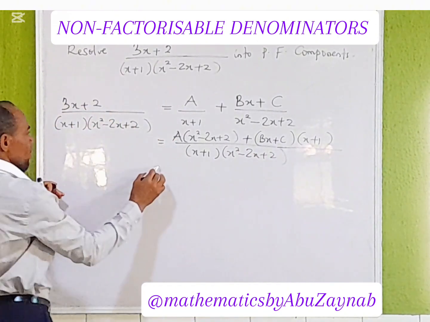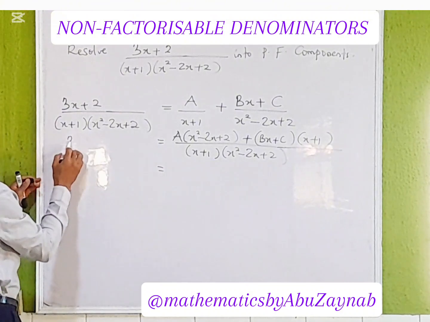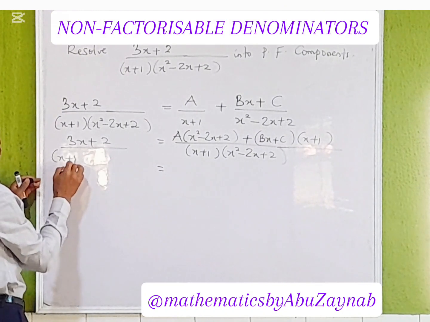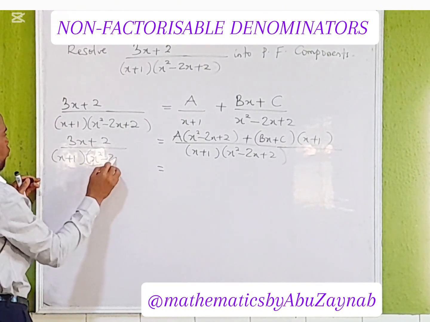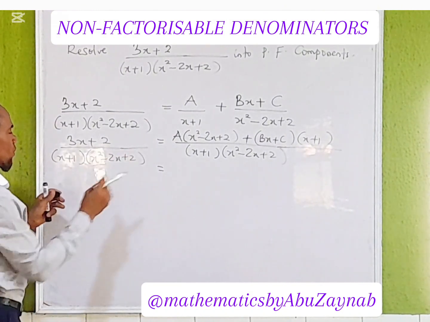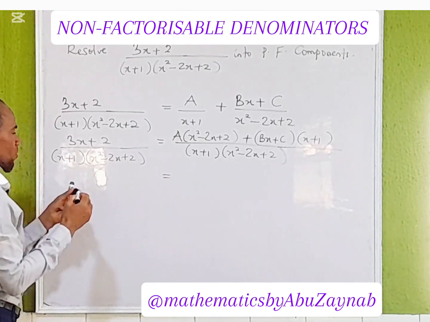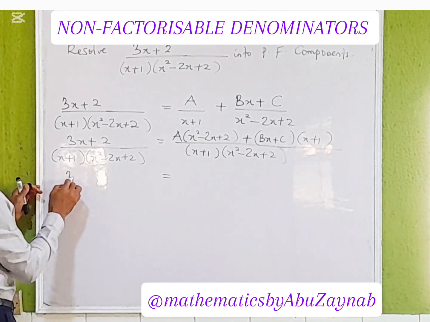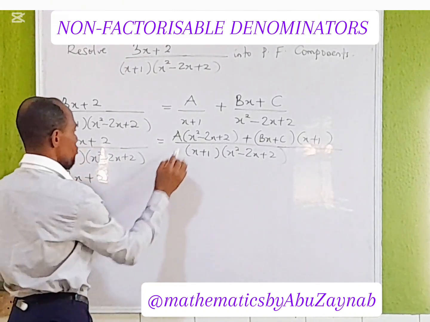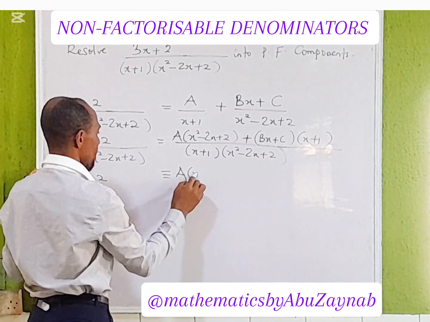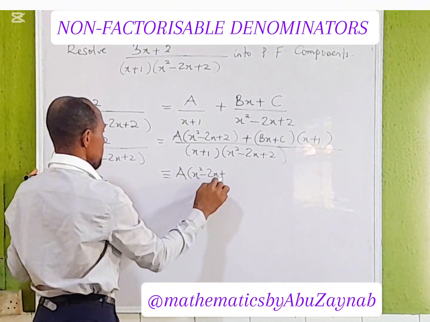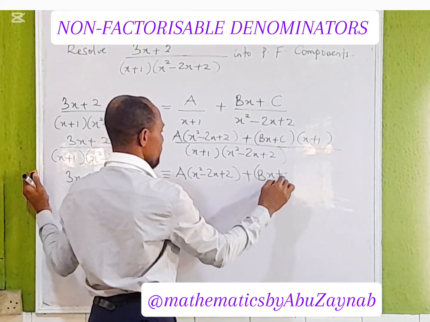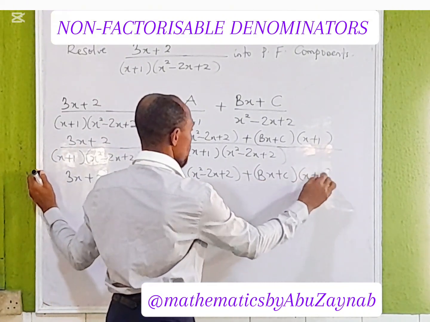At this juncture, we can easily compare the numerators since both denominators are the same. So we have 3x plus 2 equivalent to A(x squared minus 2x plus 2) plus (Bx plus C)(x plus 1).